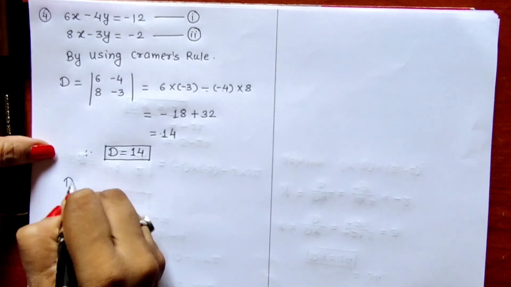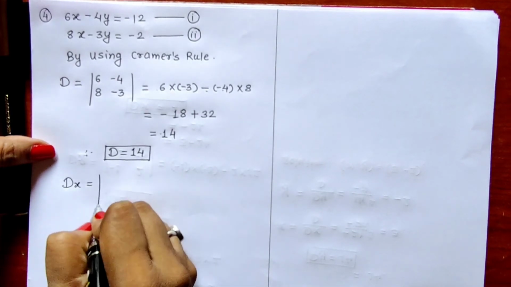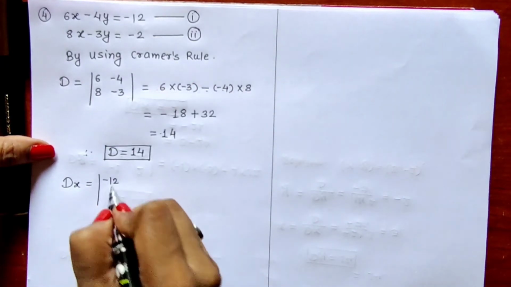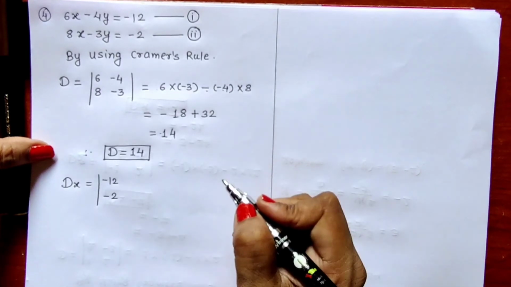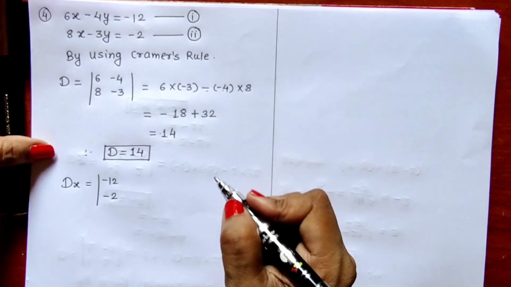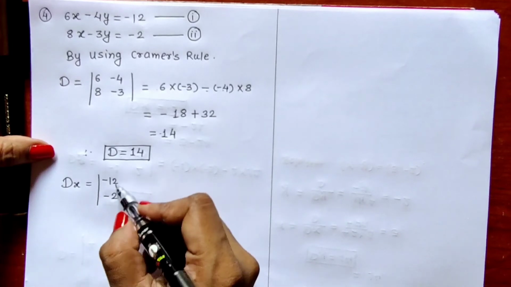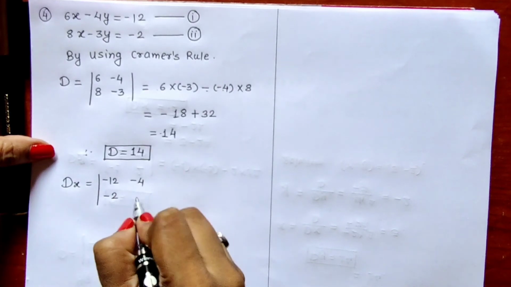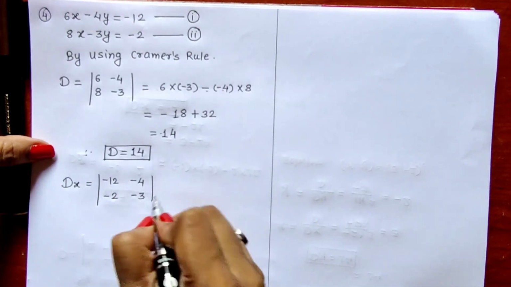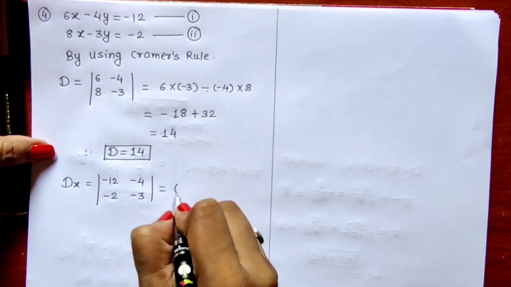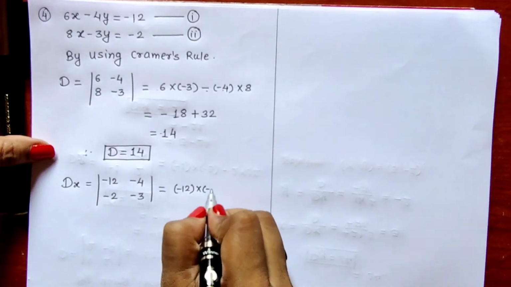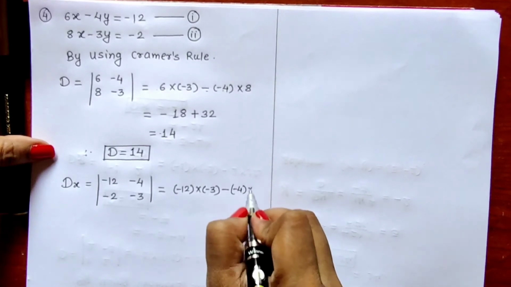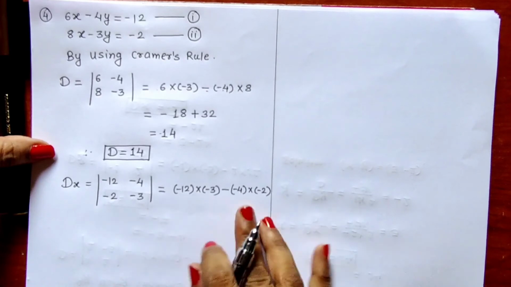Now let us get determinant dx. In determinant dx we first write the constant terms, -12 and -2. Write with minus sign. If it is having negative sign, write with that sign, otherwise you will make the mistake. Now after writing the constant term, we have to write the coefficient of y, -4 -3. Now cross multiply -12 into -3. Both the numbers are having negative sign, put inside the bracket, minus -4 into -2. So all the numbers we have to put inside the bracket.